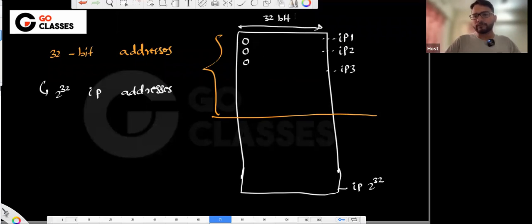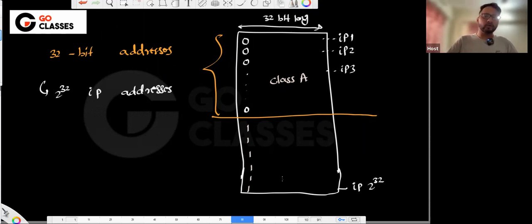If the initial bit is 0, then I'm calling these kind of IP addresses class A IP addresses. If the initial bit is 1, then I will further divide this into 2 parts.